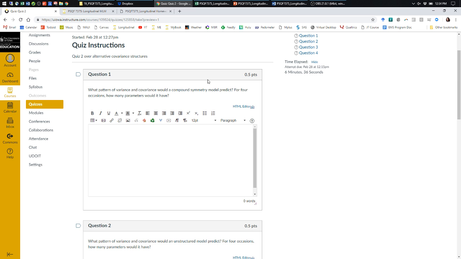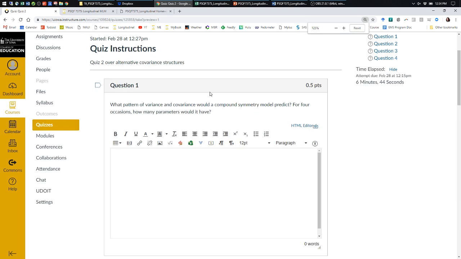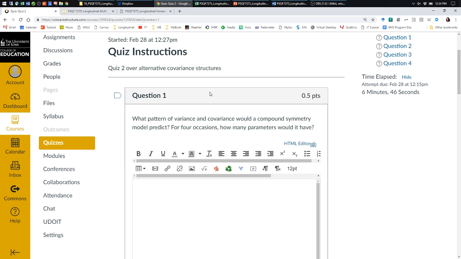So quiz 2 is reviewing the alternative covariance structure models, broadly construed. So question 1 here. What pattern of variance and covariance would a compound symmetry model predict?